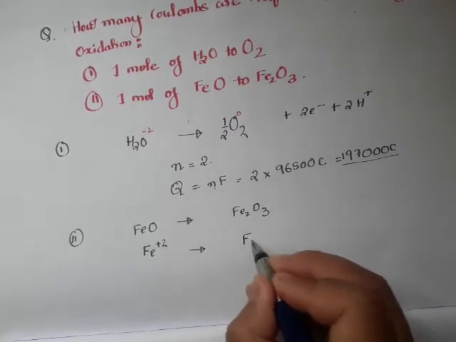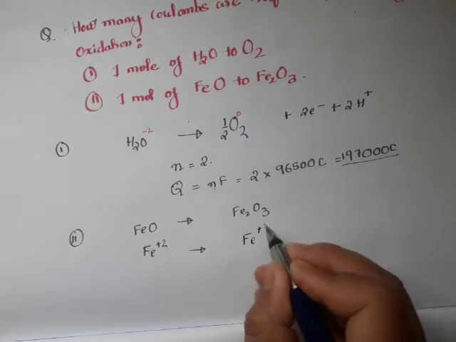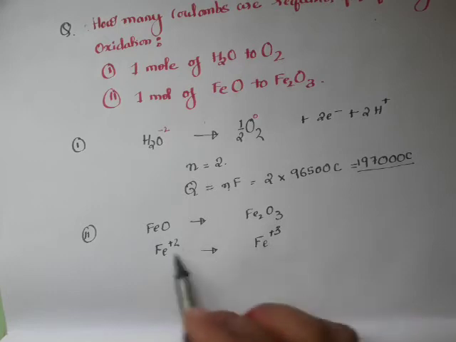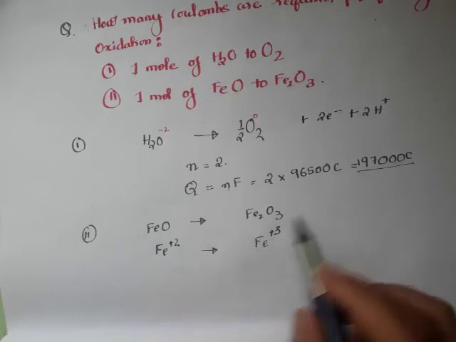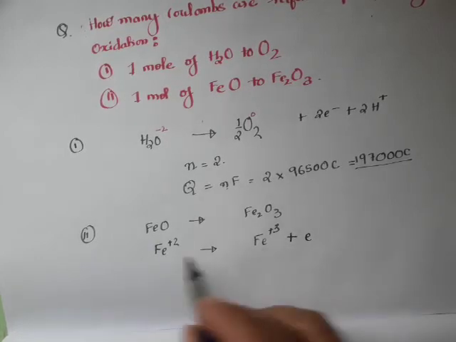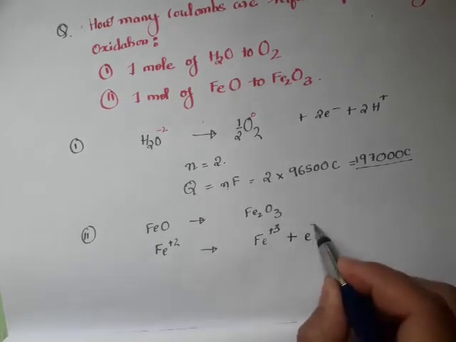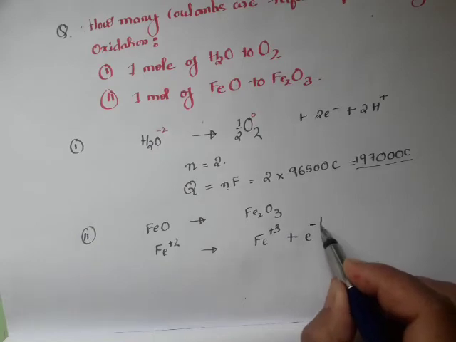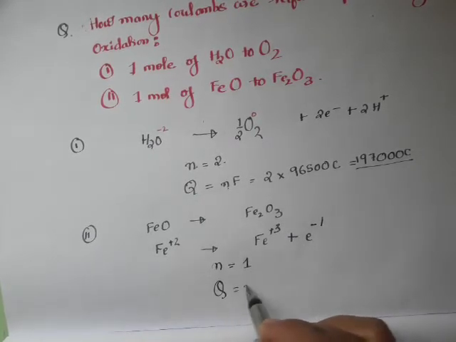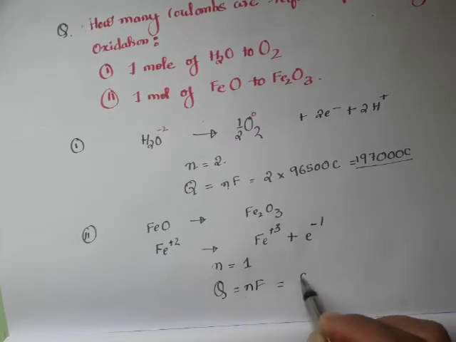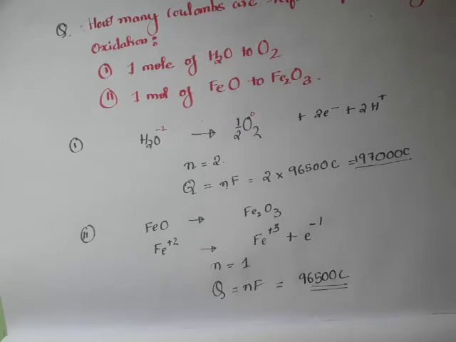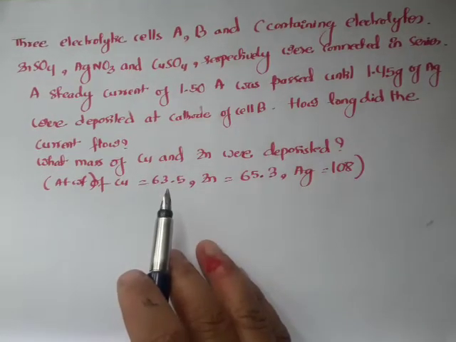So this process is again a +2 to +3 oxidation, and it will release one electron. So n here is 1. What is Q then? Q is equal to nF, which is 96500 coulomb.